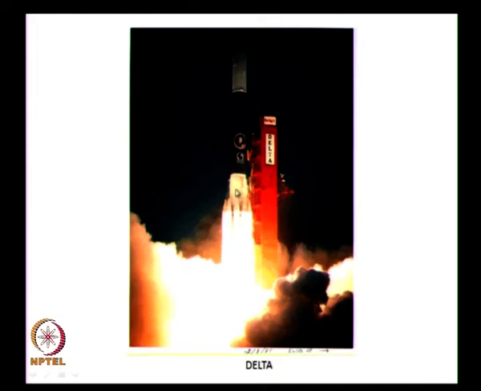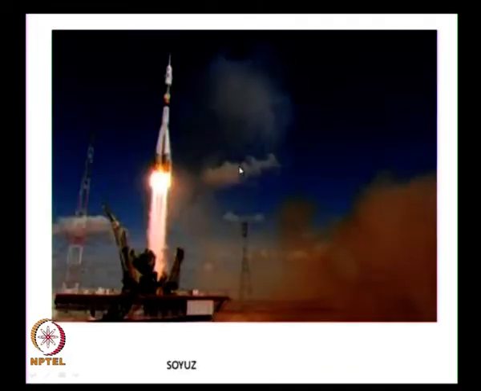Another workhorse of the US is the Delta vehicle. Again you have a number of straps over here or a cluster of engines. I will not get into the details of these things, but I wanted to show Soyuz, a Russian vehicle, wherein you have straps here or a cluster of engines here, and the main engine is flying, all the exhaust of this is interacting something like a ball, and the Soyuz was used for launching our first experimental satellite, namely Aryabhatta.